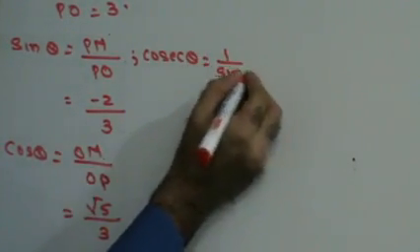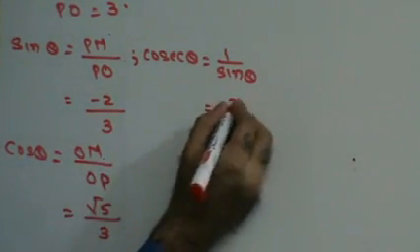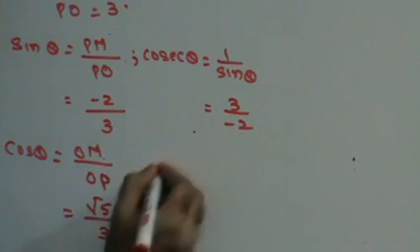Once you have this, I can find out cosec theta. Cosec theta is 1 upon sine theta, the reciprocal of sine theta, so this will be 3 upon minus 2.